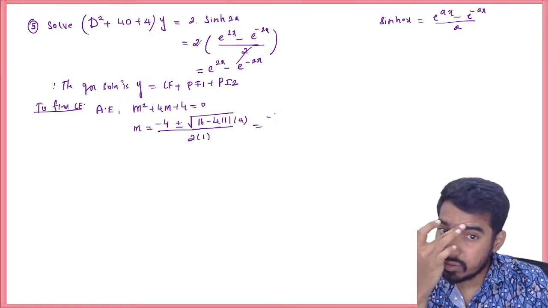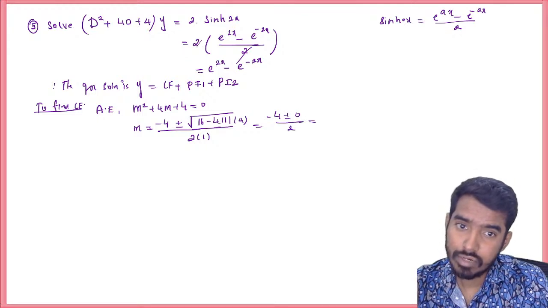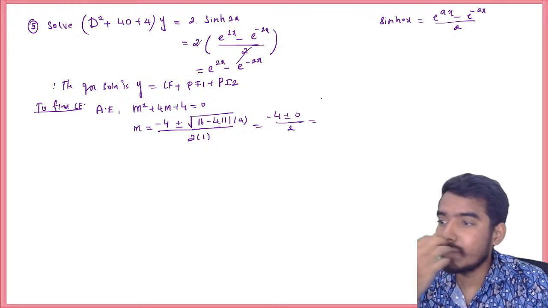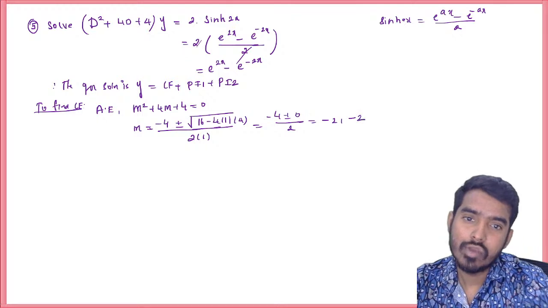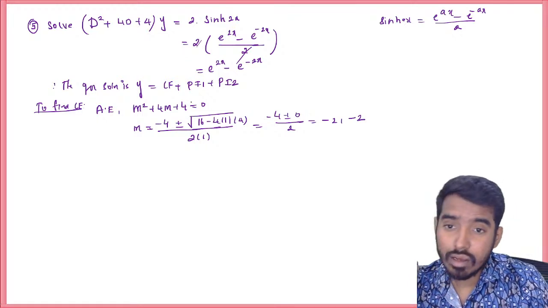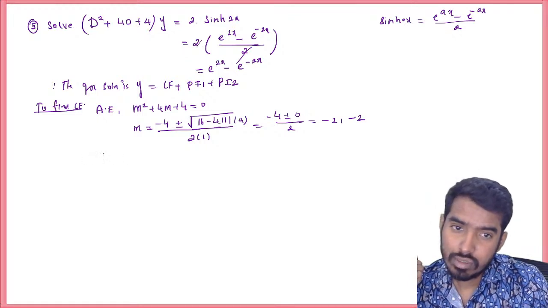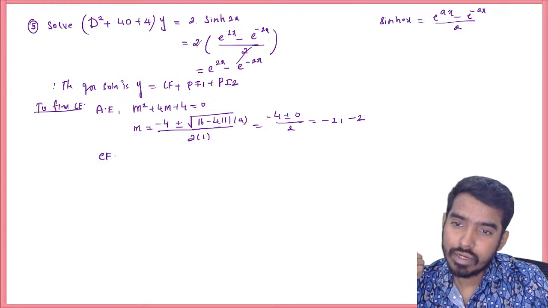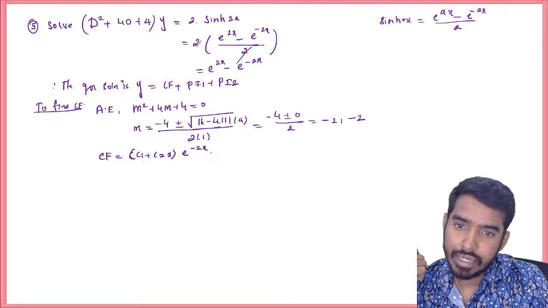So this will be 0, so minus 4 plus or minus 0 by 2. 2 twos are 2, so minus 2. You have two equal roots, minus 2. Therefore the roots are real and equal. The complementary function will be (c1 plus c2x) into e power minus 2x.